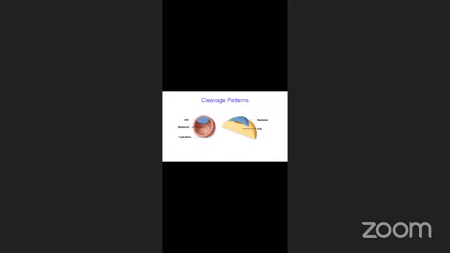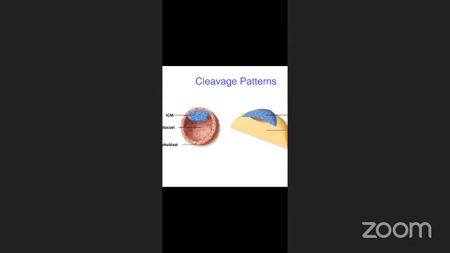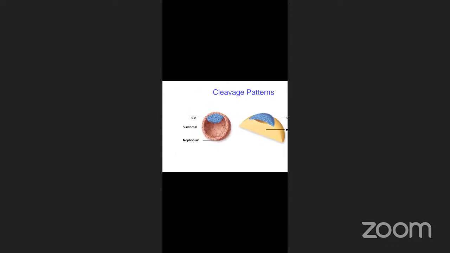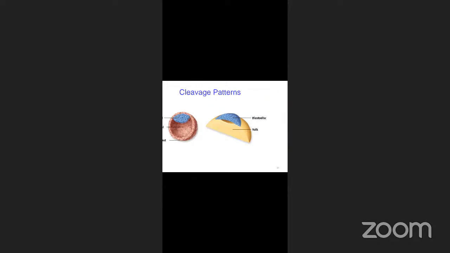And we have the blastocoel, which is the fluid-filled cavity, and the cells which are present inside are called the inner cell mass, which will form the embryo. So now here, this pink one in mammals is the inner cell mass, the blue cells, and the outer layer is trophoblast, and the center cavity is blastocoel. And the other one is in birds usually, where the yolk is present in a large quantity, the yellow one, and the blastodisc is present at the top.